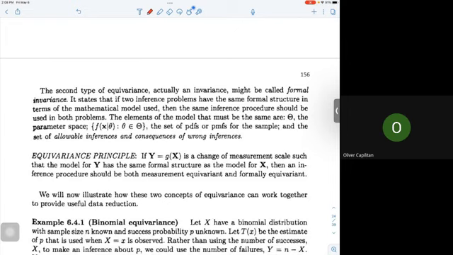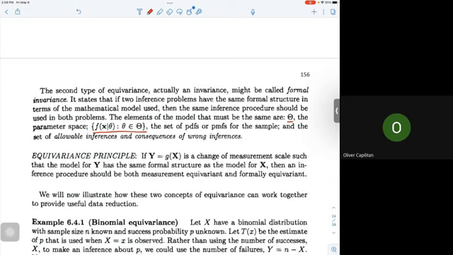They must have the same parameter space, that is big theta, the same set of PDFs or PMFs for the sample we have here, and the same set of allowable inferences and consequences of wrong inferences.